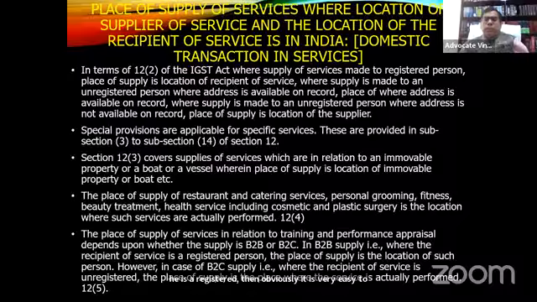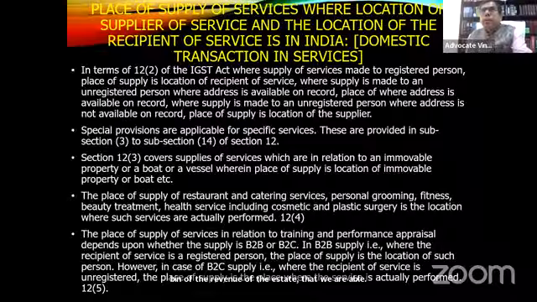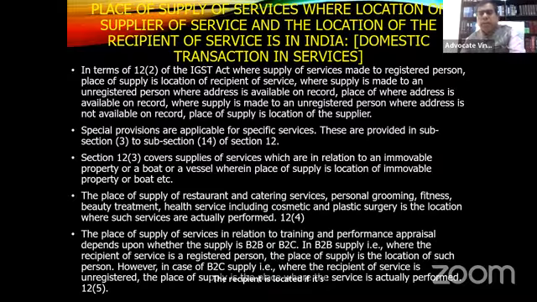But even if the person is not registered, this benefit is given for the benefit of the revenue of the state, that wherever the recipient is located, if his address is available, then that place will be the place of supply, and it is the destination state which will get the benefit of the tax.